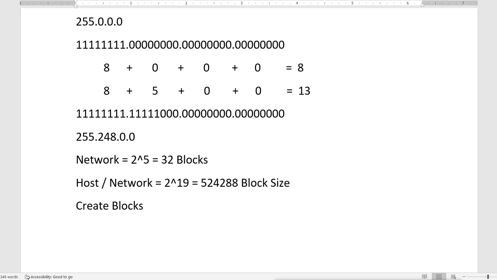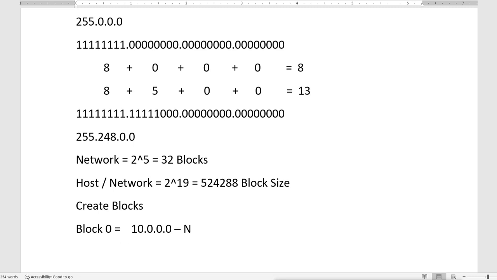Again, when we try to create the blocks, the same problem comes, because we start from the first IP. We know this is the network IP. After this network IP, we have to add the broadcast IP here.